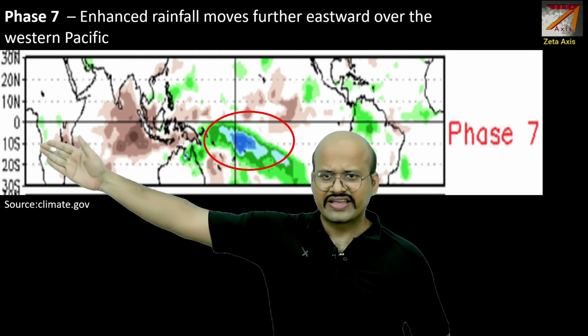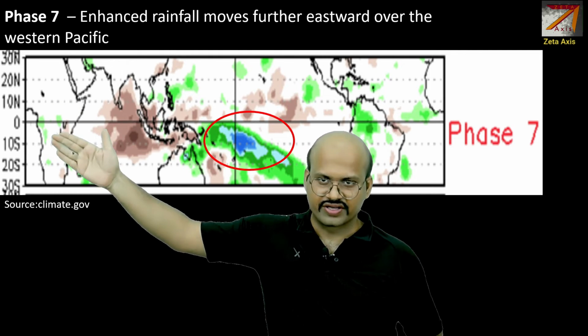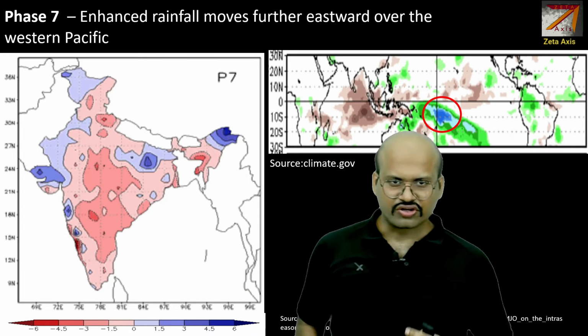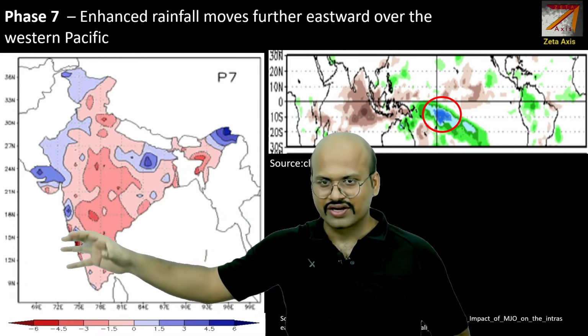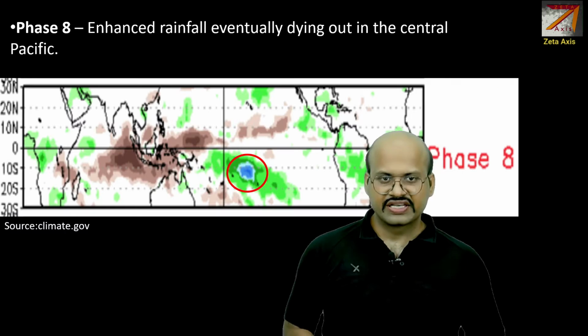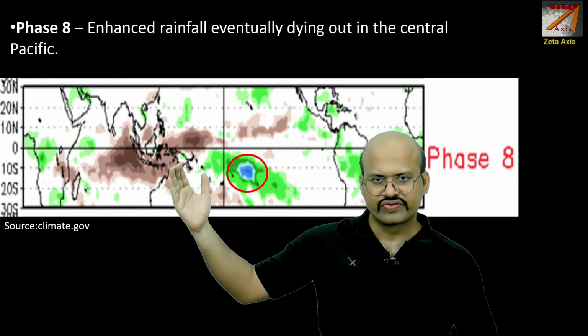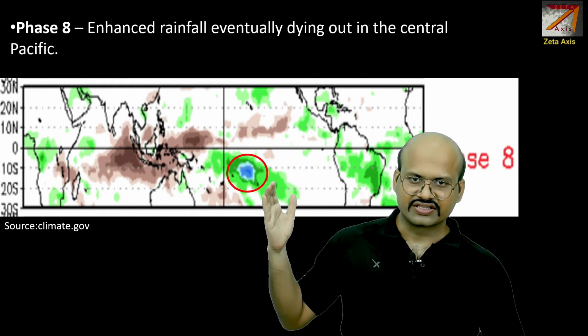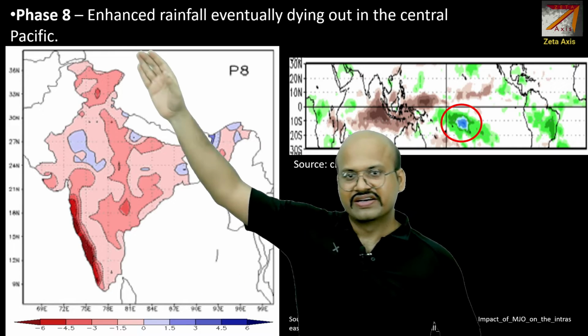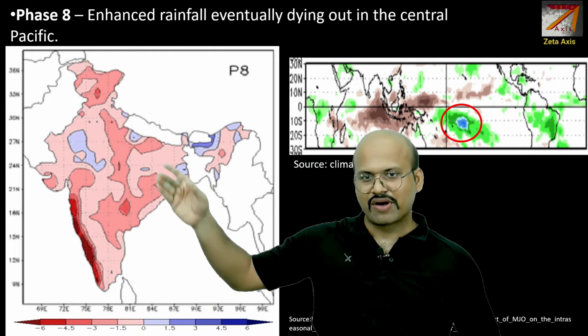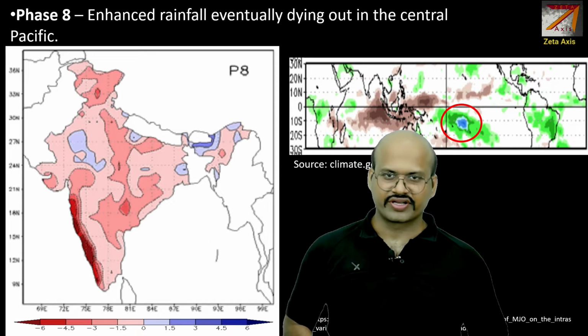But we see that the enhanced part's effect can be seen over here. So because of this, we will see that there is again a decrease in the rainfall over most of India. In phase 8, the MJO has moved further east in the Pacific Ocean. And now we will see that there is a large scale reduction in the amount of rainfall in our Indian subcontinent.